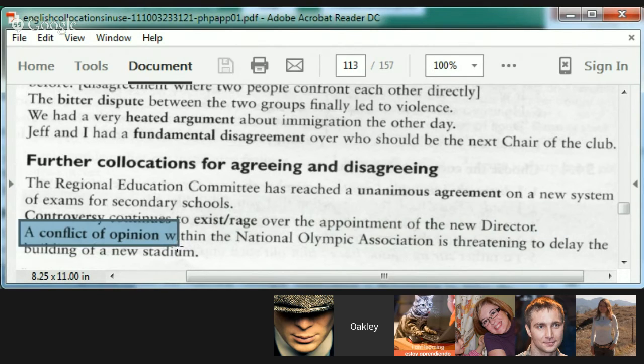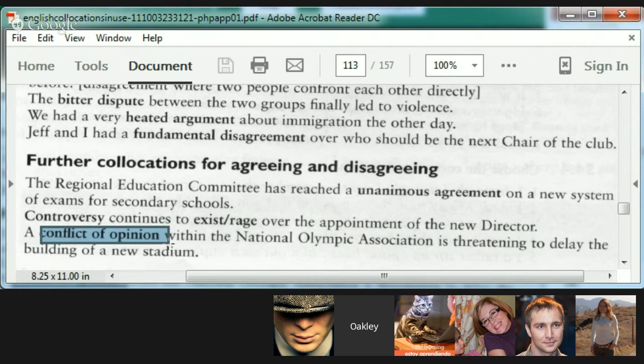Okay. Last one here. Lena. A conflict of opinion within the National Olympic Association is threatening to delay the building of a new stadium. I think conflict of opinion is the same as dispute or controversy or argument.